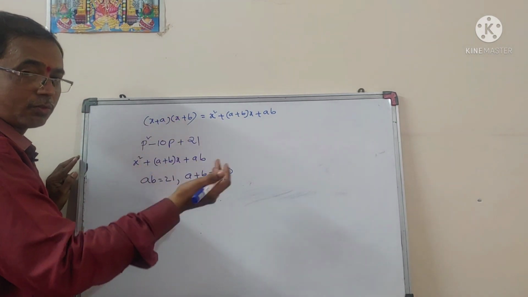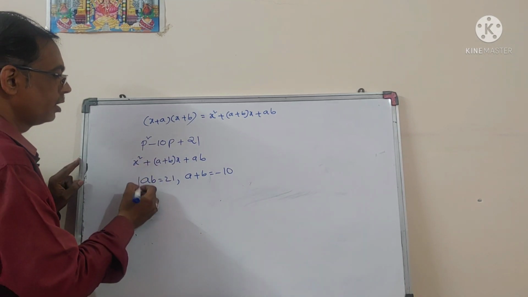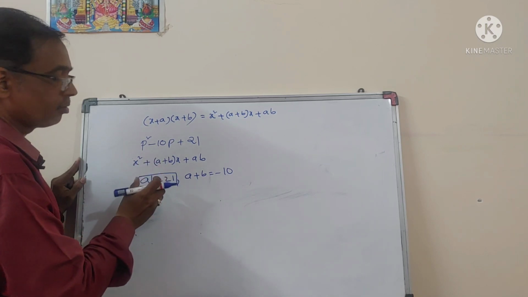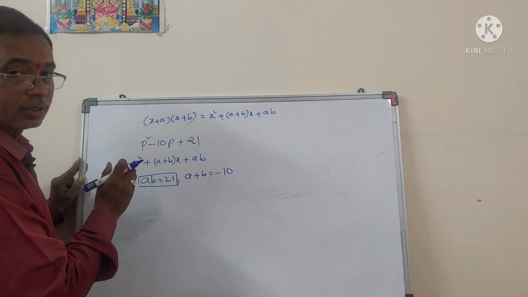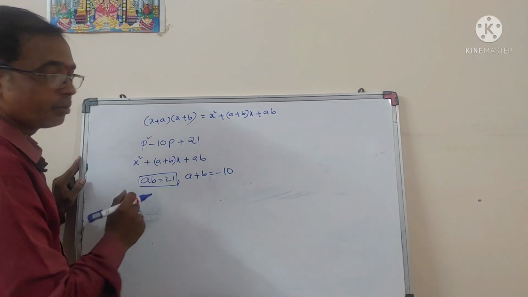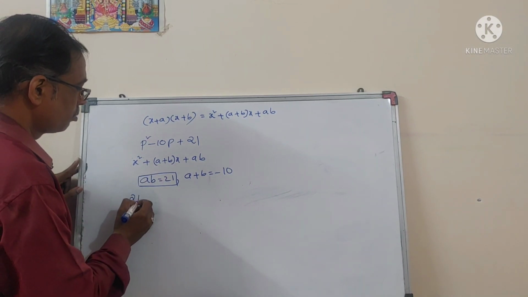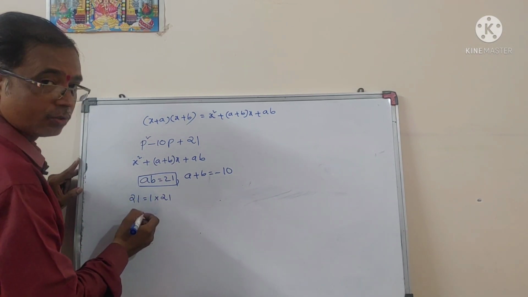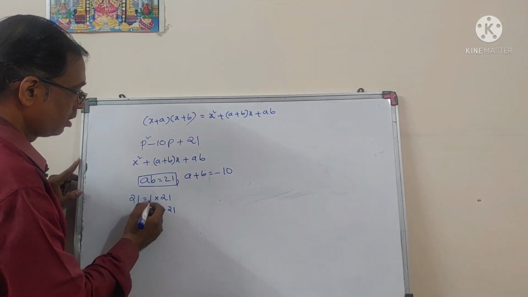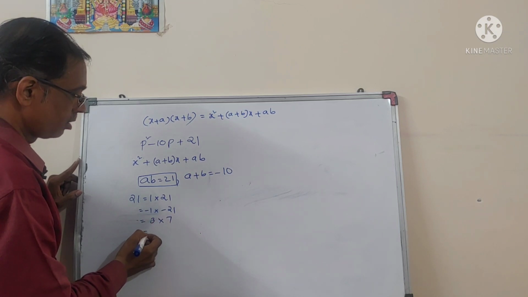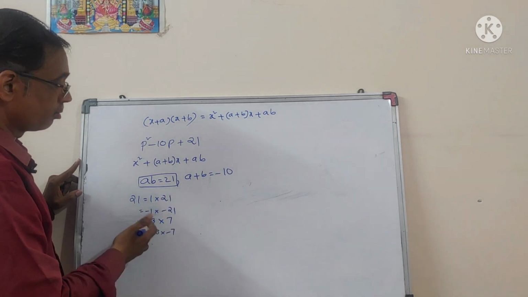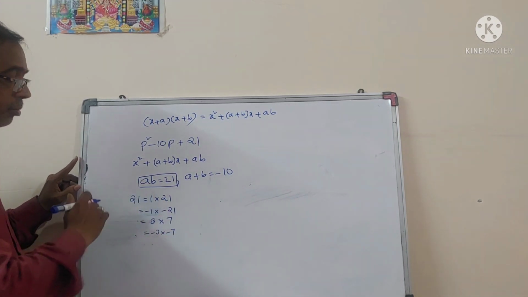To proceed further, we have to take factors of 21, that is a pair of factors which satisfies a plus b is equal to minus 10, that is, whose sum is equal to minus 10. So now 21 can be factorized as 1 into 21 or minus 1 into minus 21, 3 into 7 or minus 3 into minus 7, and then 7 into 3, minus 7 into minus 3, 21 into 1, minus 21 into minus 1.